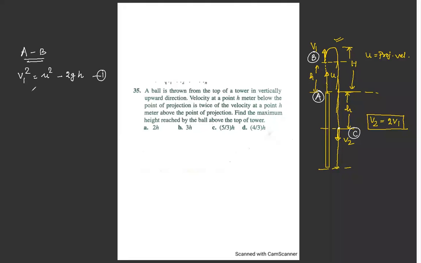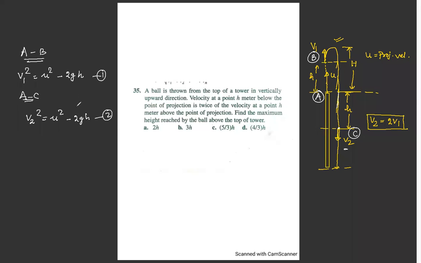If I write the equation between A and C, the final velocity is V2. So we can write V2 square is equal to U square minus 2gh, because you have to take the displacement. Now see, the displacement and the initial velocity are equal in both cases. How does it matter if it goes up or down?